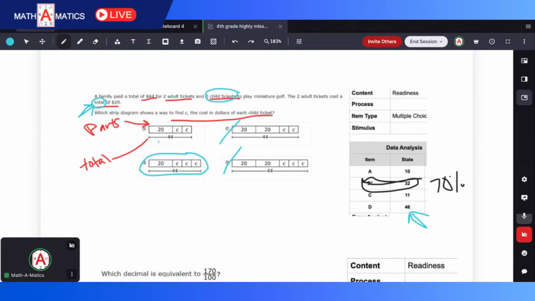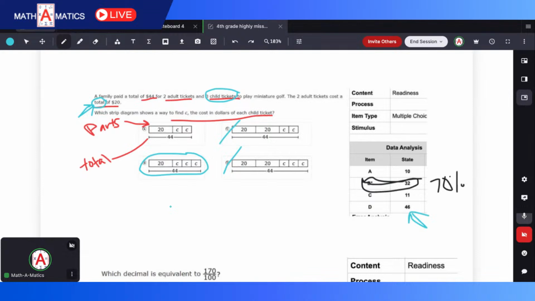And I know there's going to be some parents out here who are like, what is this strip diagram? But I'm such a proponent for it because it really helps our students when we start talking about ratios and proportions. It leads us into understanding fractions. When we start talking about parts and total, or part and whole, those vocabulary words, we are going to see that as we progress in our math journey.